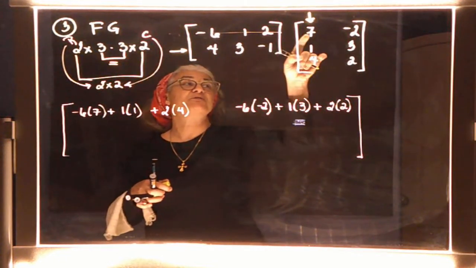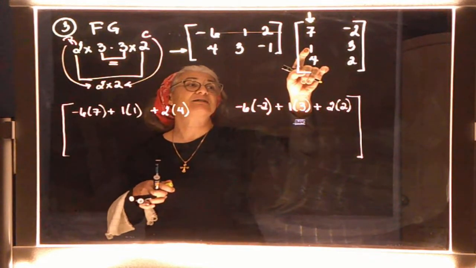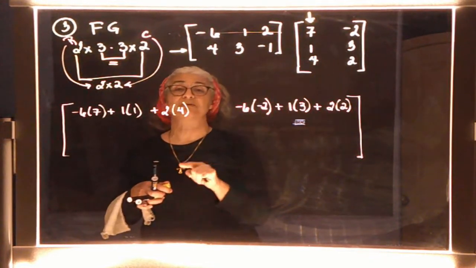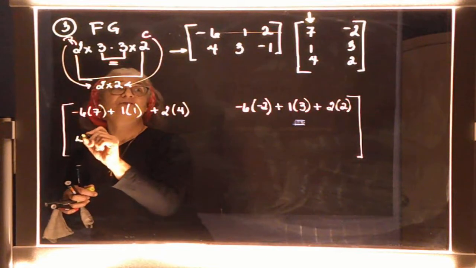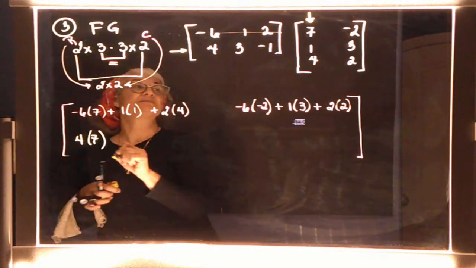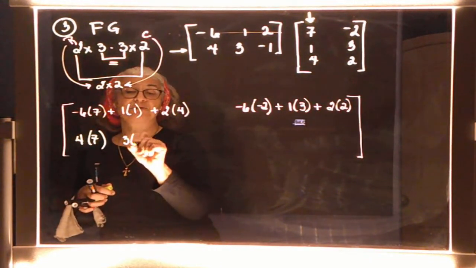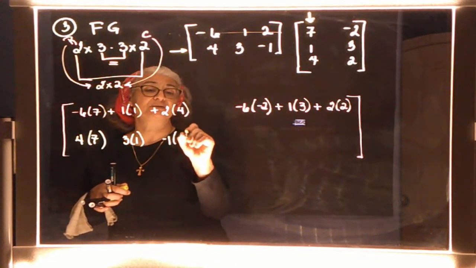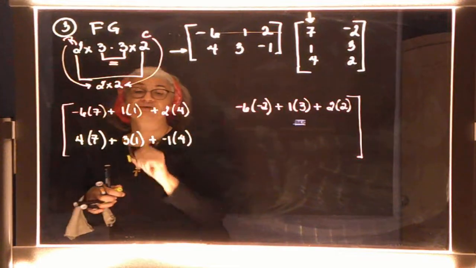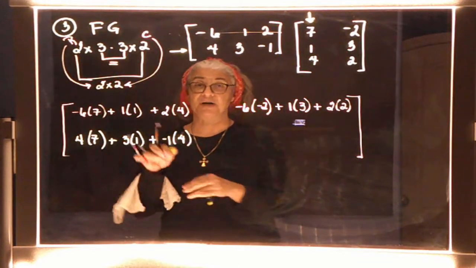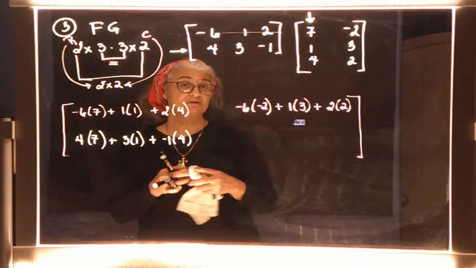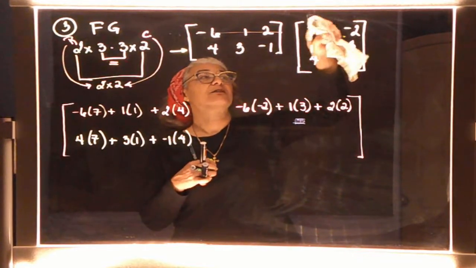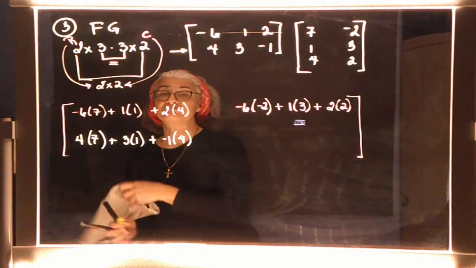Remember, first number to first number, second number to second number, third number to third number. So, first number to first number, second number to second number, third number to third number. And then I add them together so I get a single number in that spot. Good? Okay, are we done with that second row?